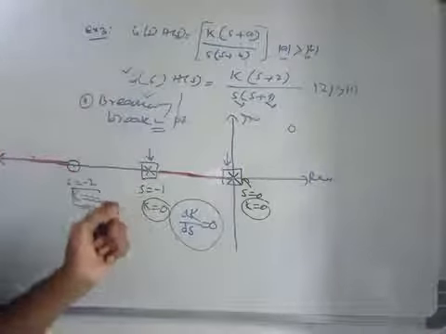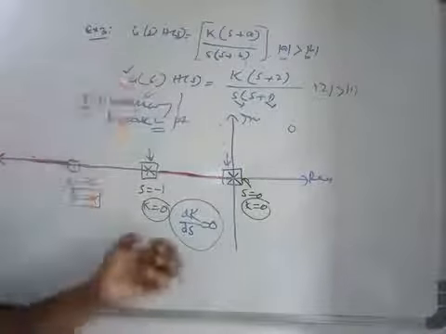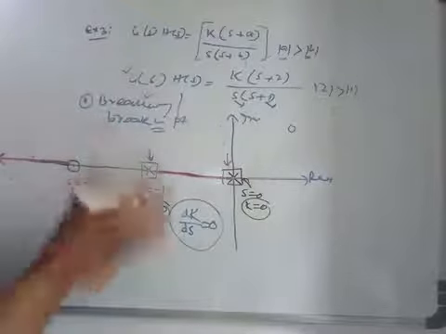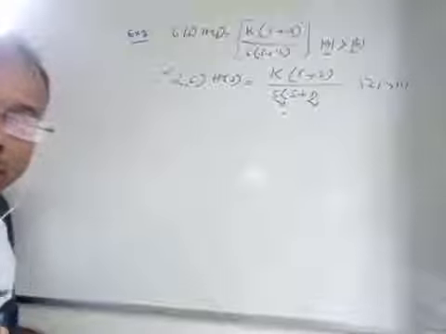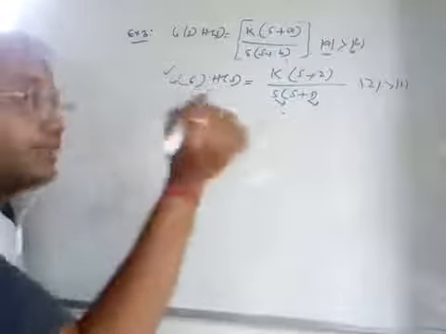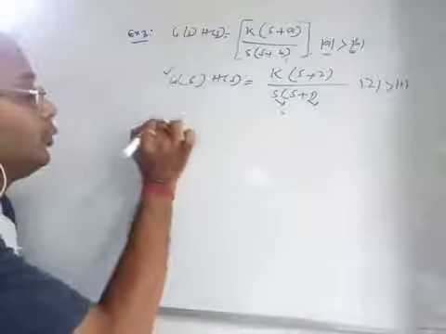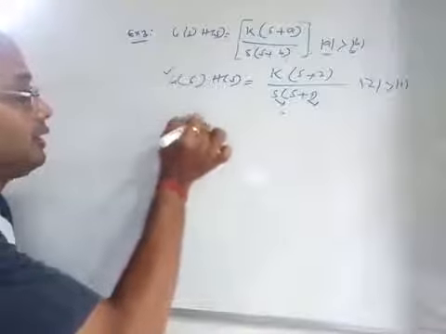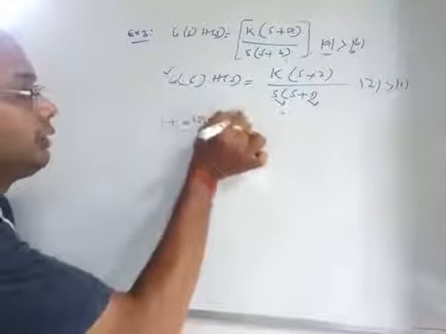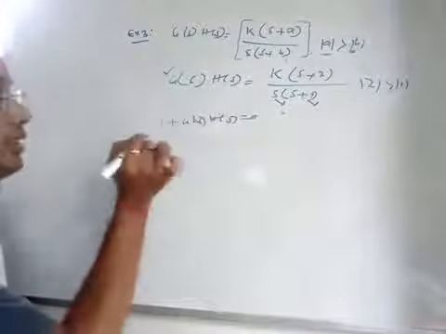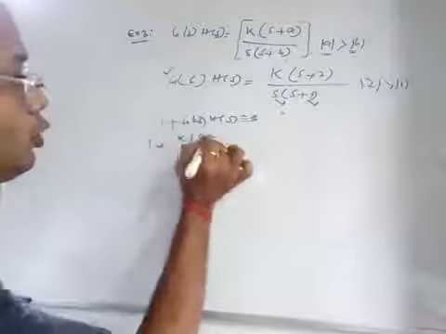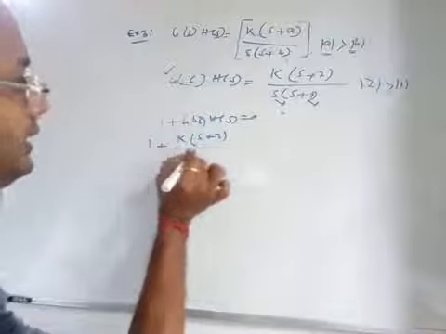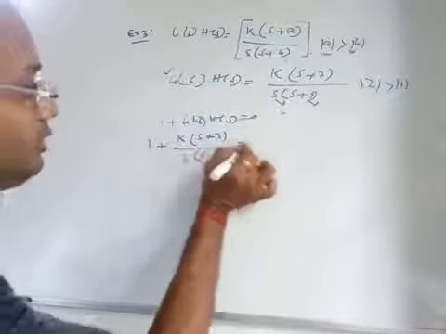Now I'm going to give the detailed calculation of it, and again I will draw this structure. We will find dk/ds. This is your characteristic equation, that means 1 plus G(s)H(s) equal to 0, that means 1 plus k into (s plus 2) by s into (s plus 1) equal to 0.